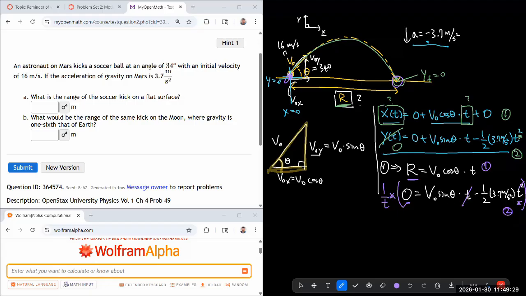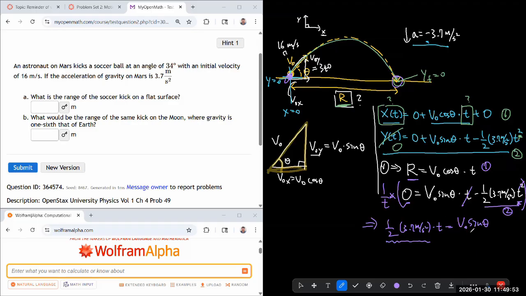I can do that in the second equation. If I'm solving for this t here, then I need to move that over. Then I have 1/2 the number, 3.7 meters per second squared, times t is equal to v0 sine theta. And I can divide by this entire collection of numbers.